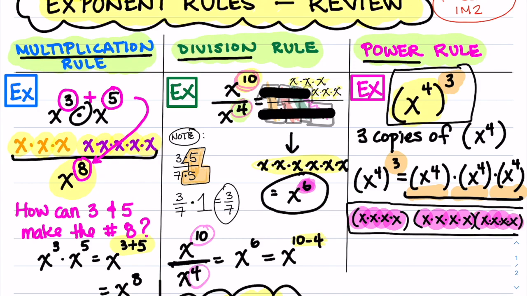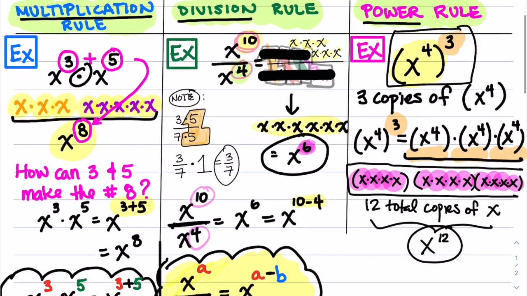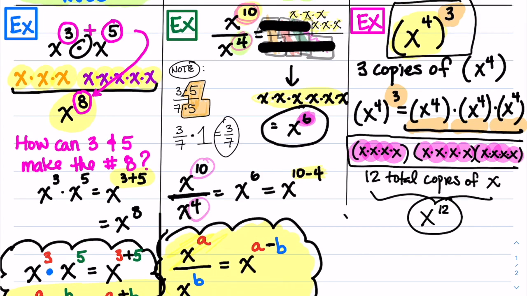So I ended up with 12 total copies of x. And I could write that more simply as x to the 12th power. Okay, so x to the 4th to the 3rd is x to the 12th power.